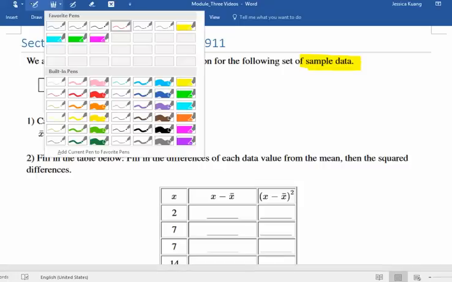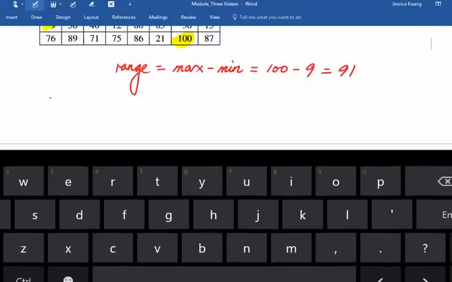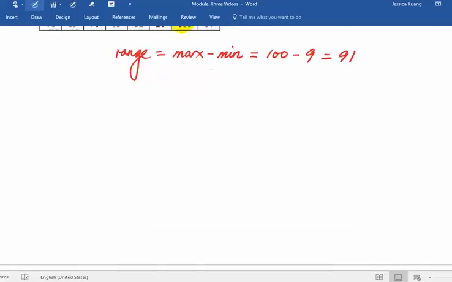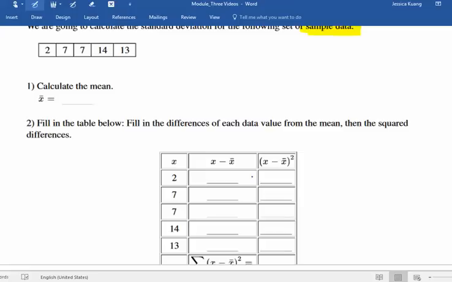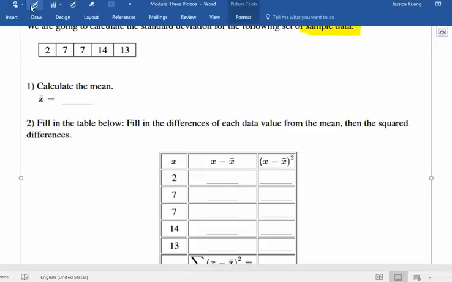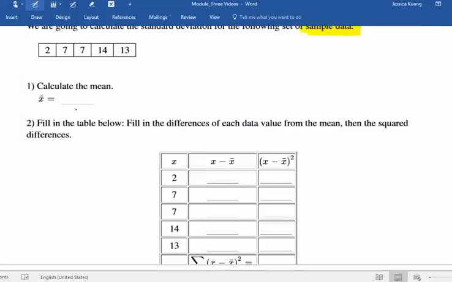All we have to do is sum all of my data values and then divide by 5, because I have 5 data values. A little bit of calculation shows that my mean is 8.6.